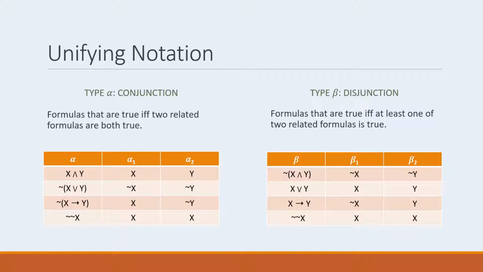It's also true for an implication, which is true if not x is true or y is true. And Smullyan also includes not not x again here, true if and only if x is true or x is true.